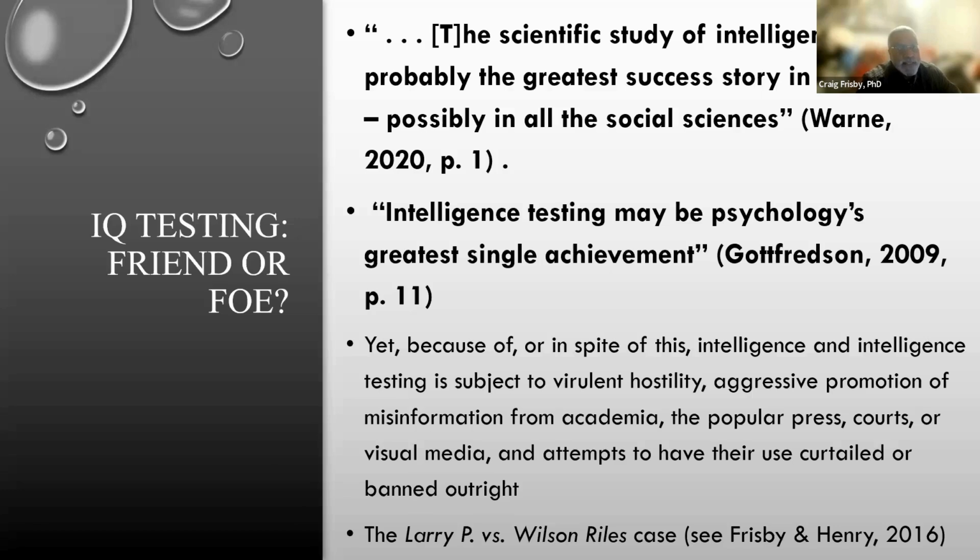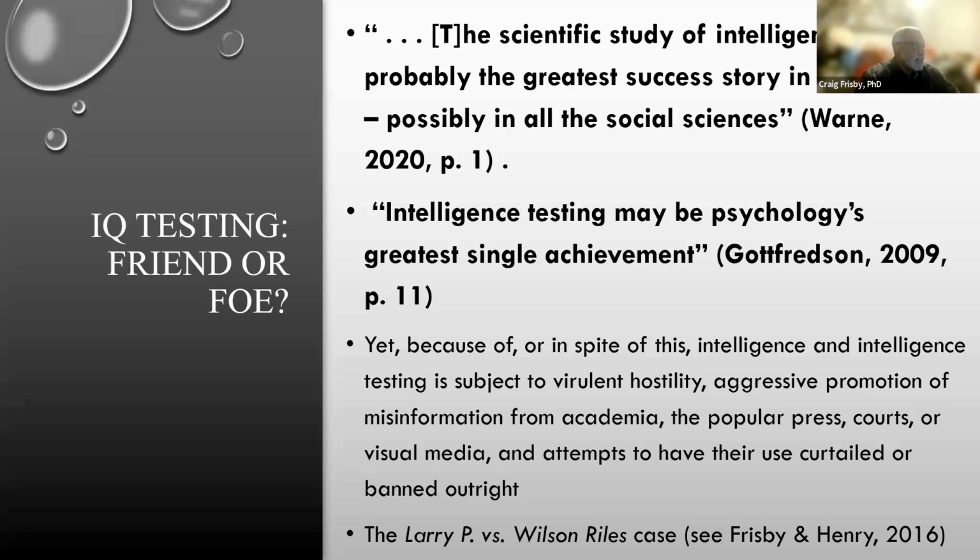He says, the scientific study of intelligence is probably the greatest success story in psychology, possibly in all of the social sciences. Gottfredson in 2009 said, intelligence testing may be psychology's greatest single achievement. So those are very assertive statements.